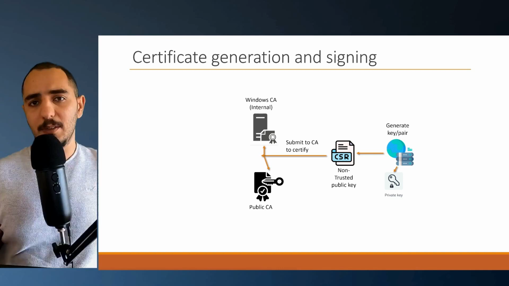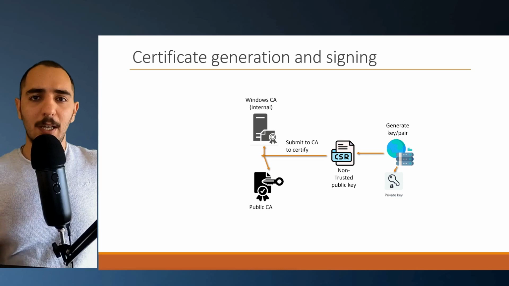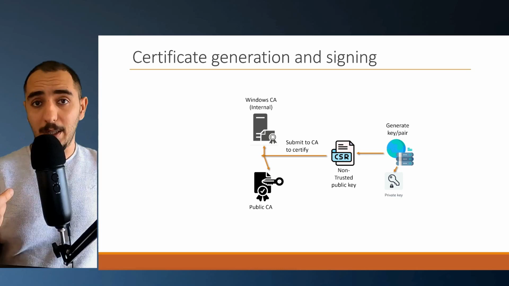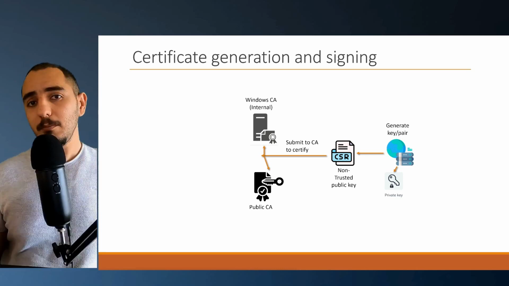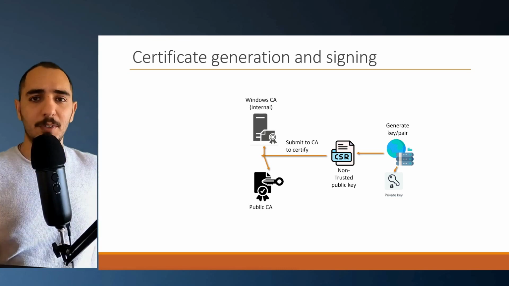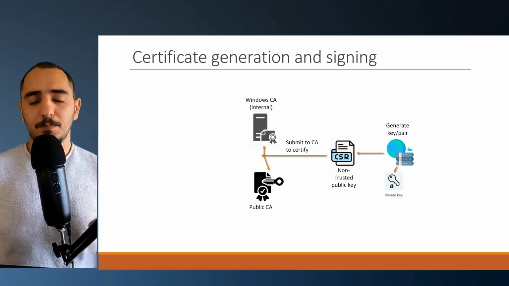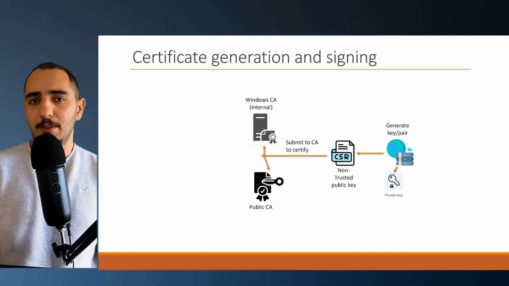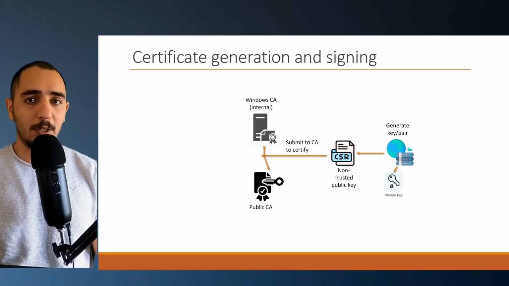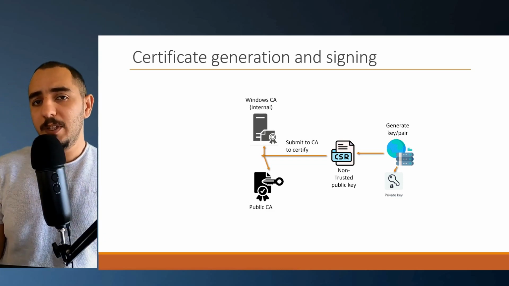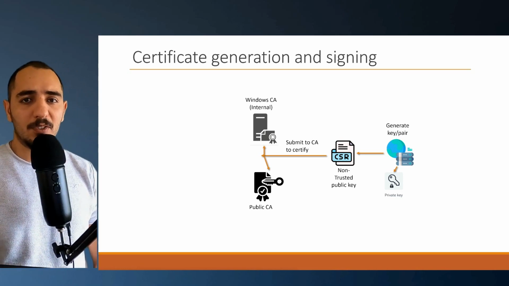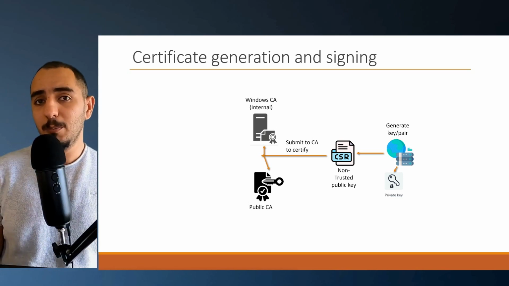And there would be different types, which we're going to come into in the next slide, different types of certificate that you can get. Each would cost a certain amount of money. So I will get this certificate signed by a public CA. There would be an approval process.